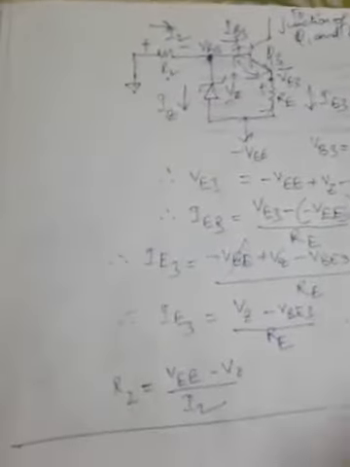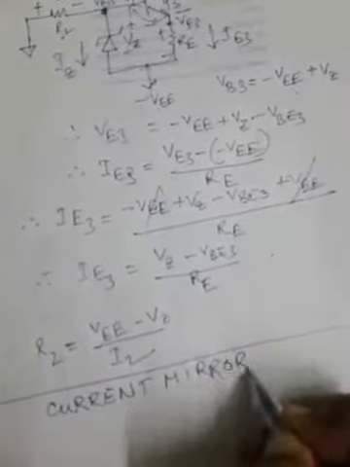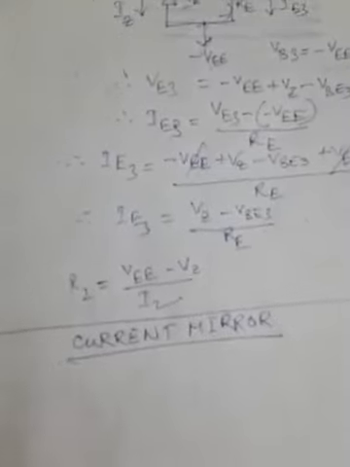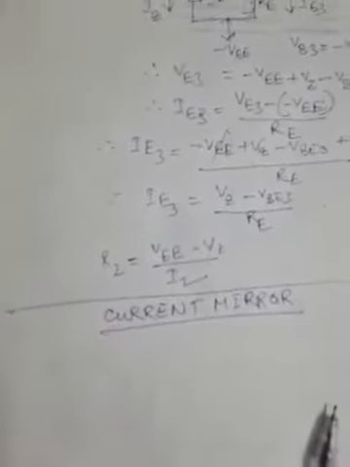Now let us move on to the next circuit, which is current mirror. This is another application, or another concept, regarding the study of differential amplifiers. It is a circuit in which the output current is forced to equal the input current; that is called the current mirror circuit.